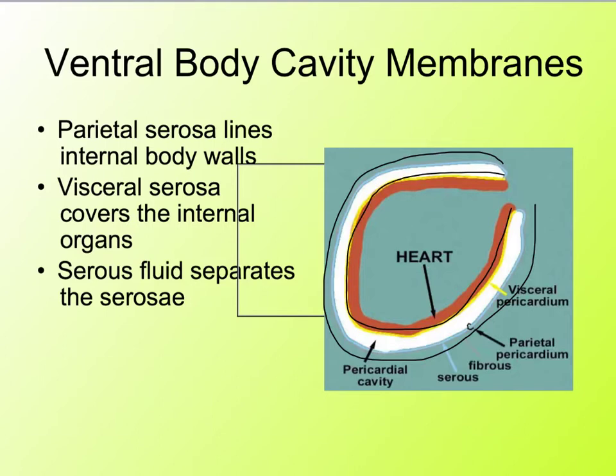And in between them is this layer of fluid. And that allows the heart to continually beat in a friction-free environment. Otherwise, it would constantly be rubbing up against other organs and the body wall. So you want it to be able to beat without having to rub up against something, because then that would cause friction and would eventually cause damage.